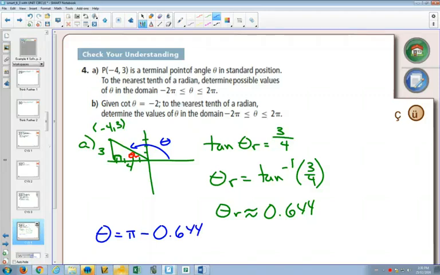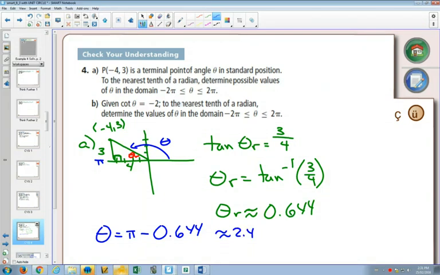If you had degrees, you'd go 180 minus whatever the angle was in degrees. So now we do exactly the same thing in radians, but now instead of 180 degrees, this is pi radians. So when we do that, we get 2.498.